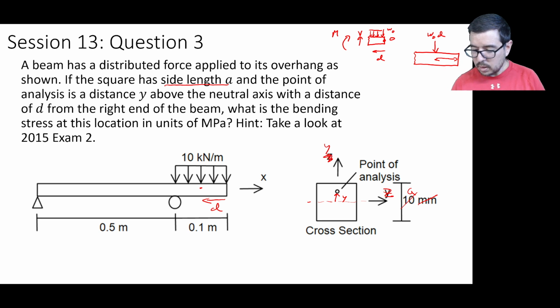When I say D, this is the distance D. This would be like the coordinate X. So this is that distance D, and this is going to be a length of D over 2. Okay. So V is again upward, and M is again acting like this. We need to figure out what the bending moment is at this sliced region.